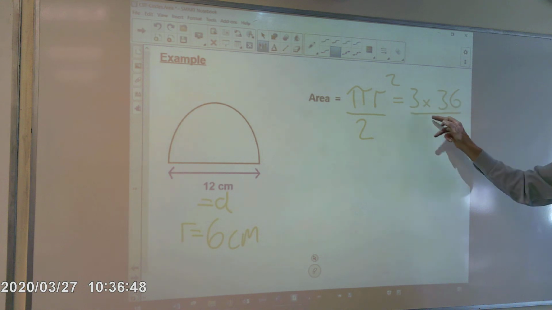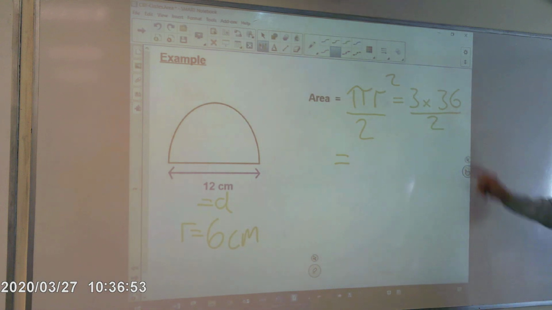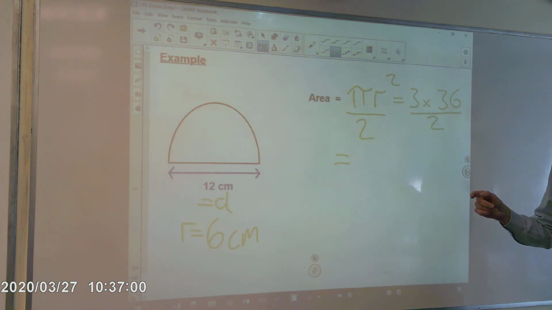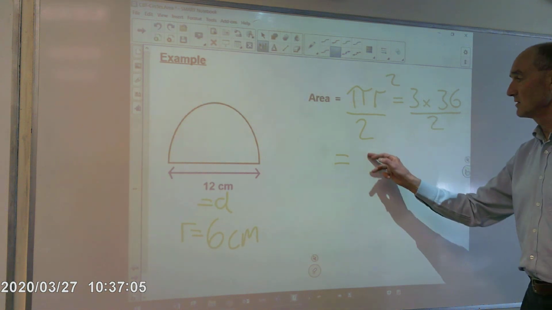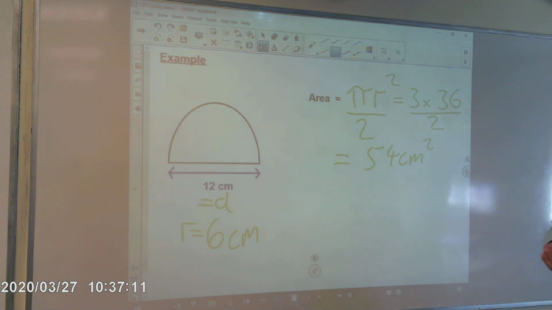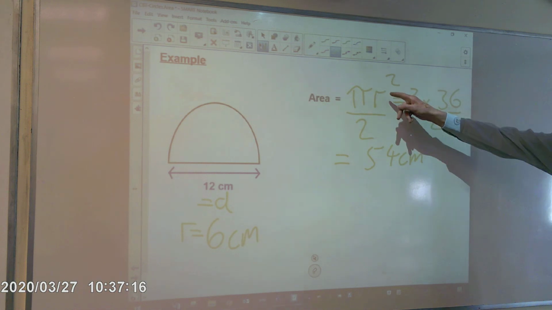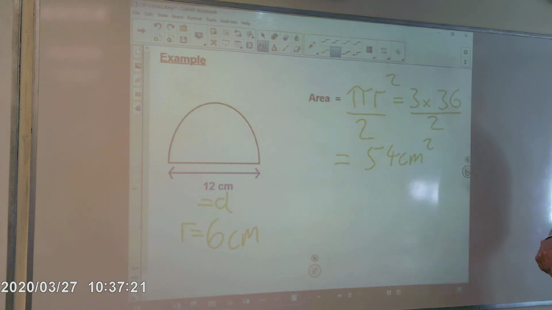Divide all that by 2 will give me my solution. 3 times 36 gives me 108. 3 times 36 is 108. Divided by 2 gives me 54 centimetres squared. So that would be my area. Pi r squared for the whole circle, divided by 2, and that gives me my solution, 54 centimetres squared.